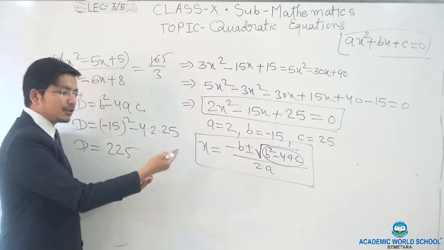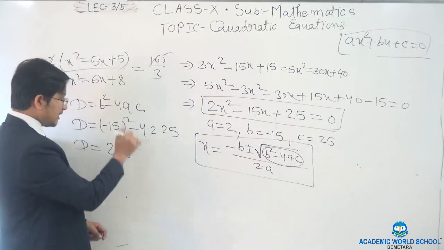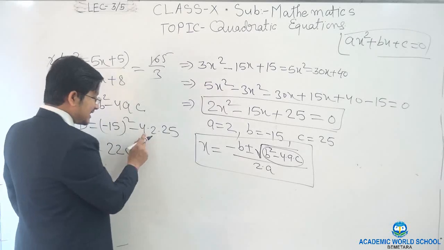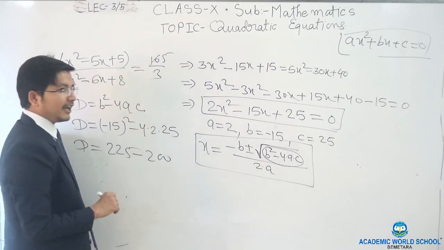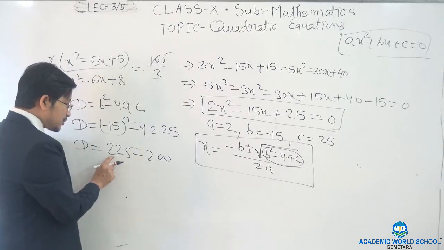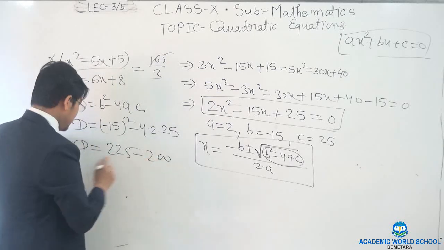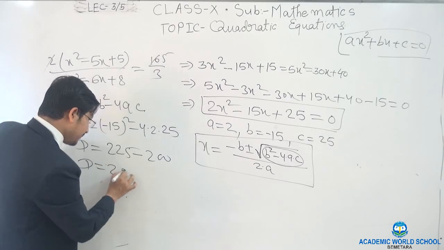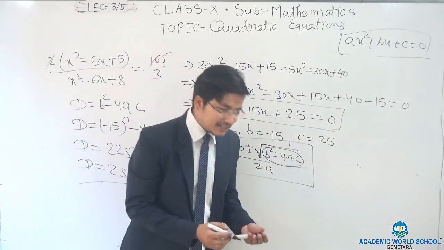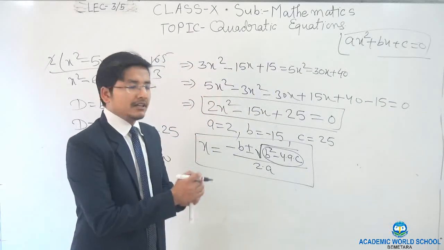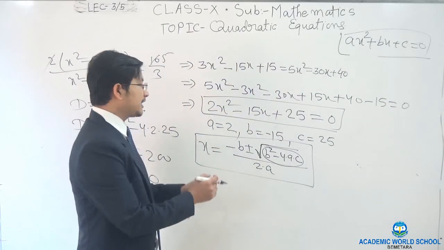Minus 15 into minus 15, so that is why this is positive. Now this is minus 8 into 25, this is 200. So this is 225 minus 200. So D is equal to 25. And this is greater than 0. It means we can have real roots. Okay, we can have real roots.